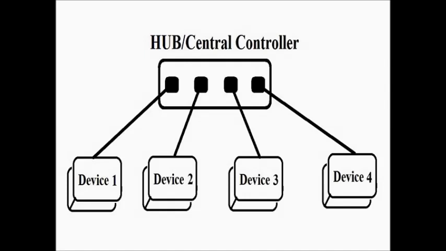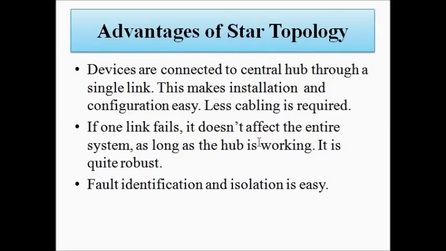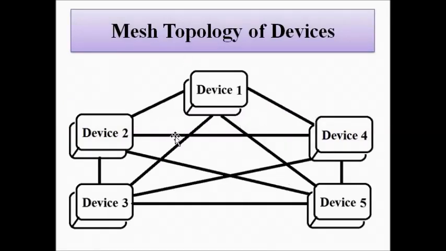Now let us discuss the advantages and disadvantages. As each of the devices is connected to the central hub through a single link, installation and configuration of this setup is very easy, as compared to the mesh topology, which involves a lot of wiring.